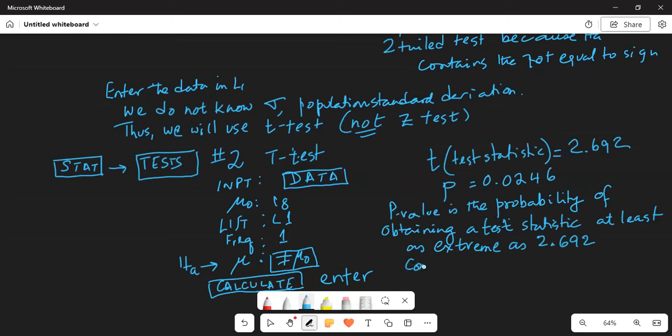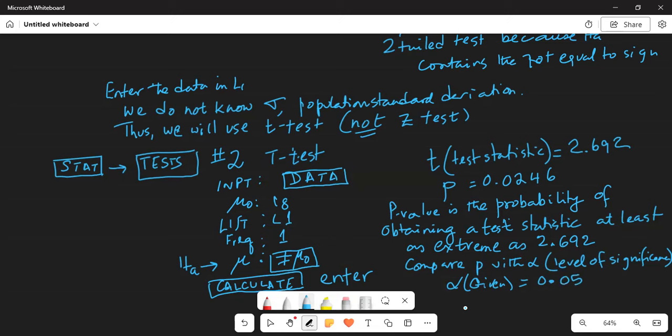Compare P with alpha. Remember, alpha is the level of significance. So here alpha given to us is 0.05.